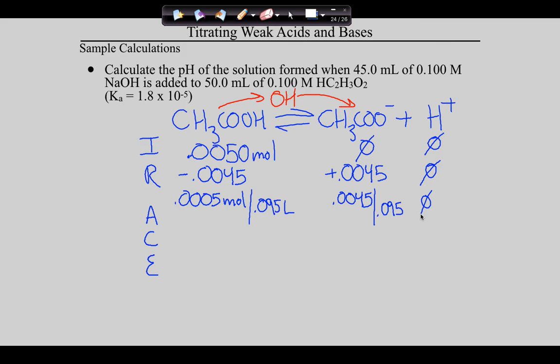Then we have 0.0005 divided by 0.095 is 0.0053 molar. And 0.047 molar and 0.